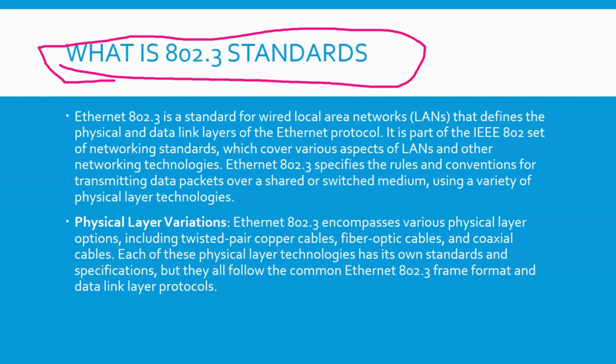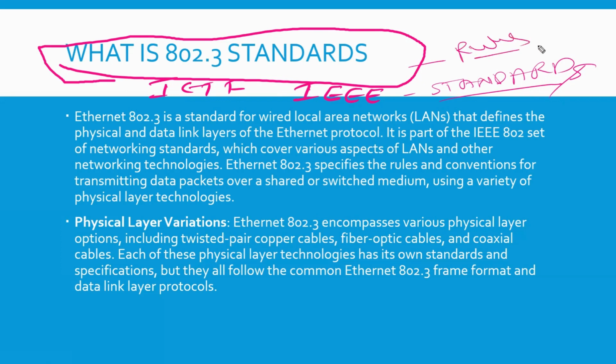These standards come from the IEEE, the Institute of Electrical and Electronics Engineers. They are comprehensive standards. It's just a standard; it doesn't mean something physically available. It's just rules and regulations on how a network works and how the physical layer works.